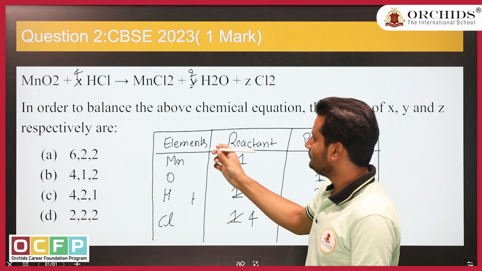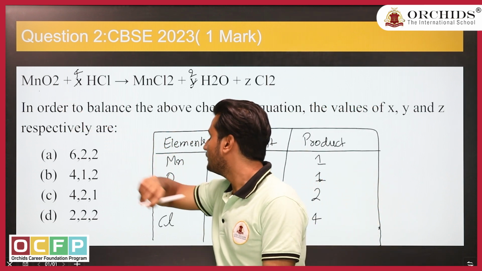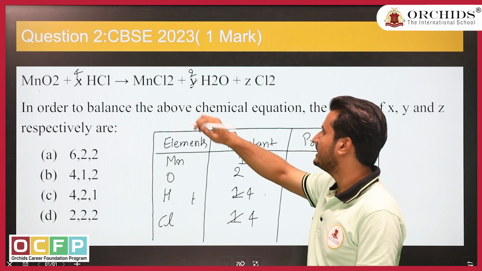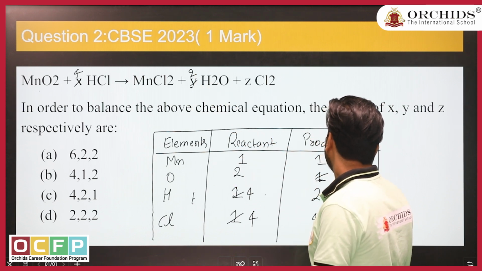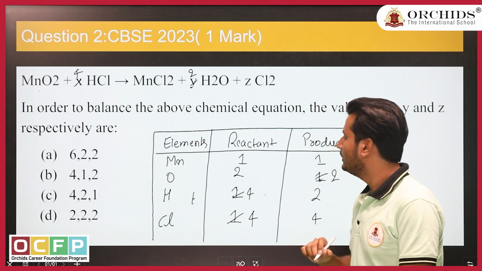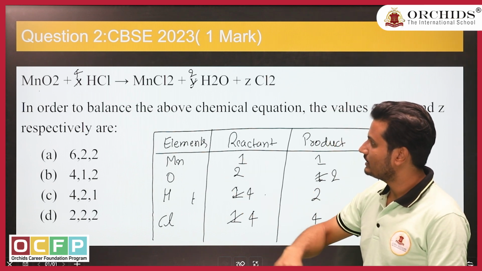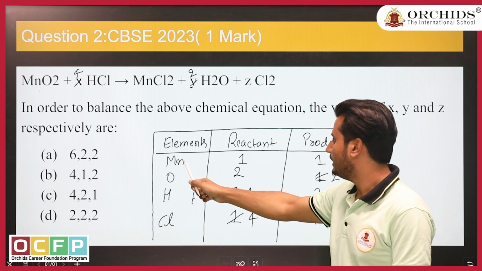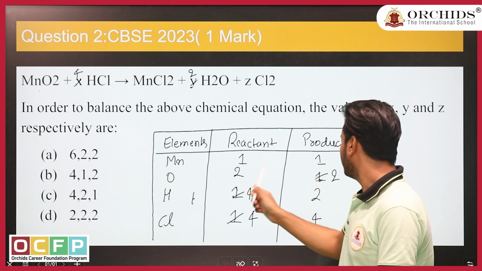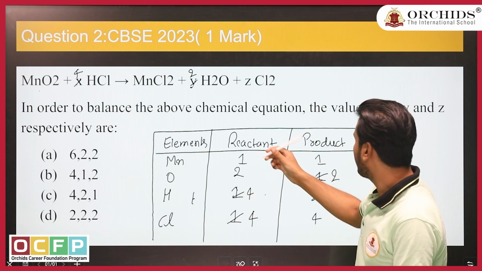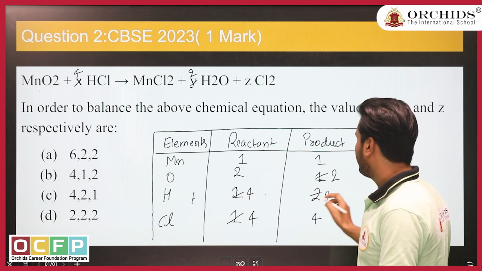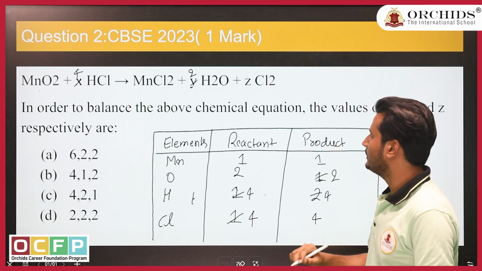Now, there are 2 atoms of oxygen on the reactant side, and when we put the value of y as 2, the oxygen will also become 2 on the product side. Now check all the elements, all are balanced. Mn 1 atom, oxygen 2 atoms, hydrogen 4 atoms, and chlorine also 4 atoms.